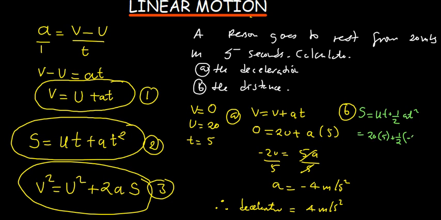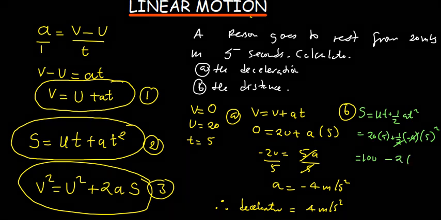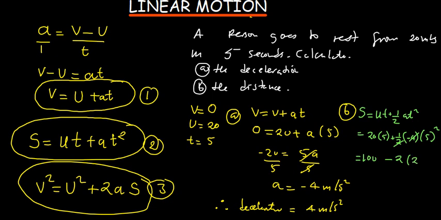Don't write positive 4, it's negative 4 because it is deceleration. And then time is still 5, but we square the 5. So this is going to be 20 times 5, which is 100. And then 2 can go into 4, that is going to be 2 times. But remember, that's a negative 4. So 2 into negative 4, that will be negative 2. And then 5 squared, that is a 25.